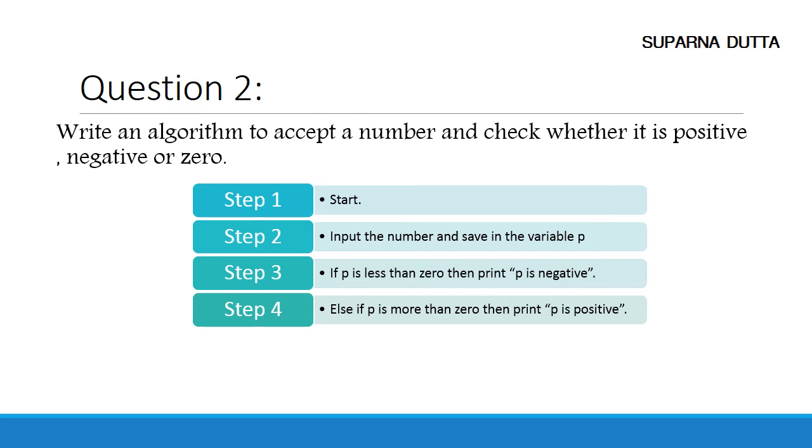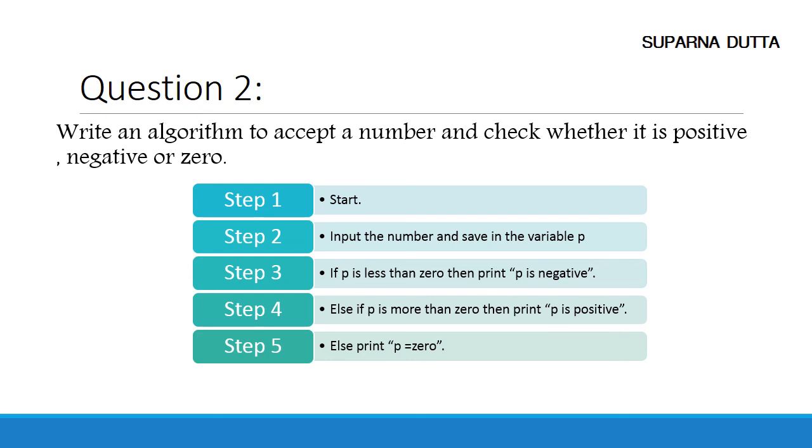If this is false, then only it will go to the next step, that is, it is going to print p equals 0. Now it has come to step 5. It means that it is not negative, it is not positive, hence it is 0. So I have not given any condition check in step 5. In steps 3 and 4 I have two conditions checked.